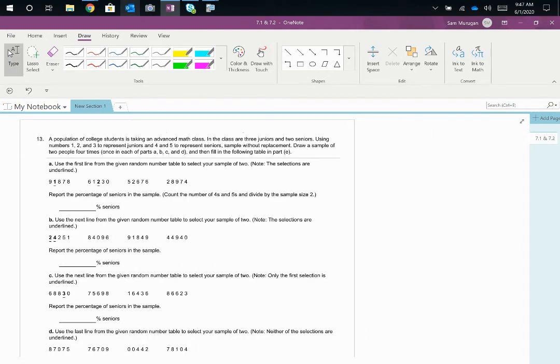Okay, here we go. A population of college students is taking an advanced math class. In the class, there are 3 juniors and 2 seniors. Using the numbers 1, 2, and 3 to represent juniors, and 4 and 5 to represent seniors.